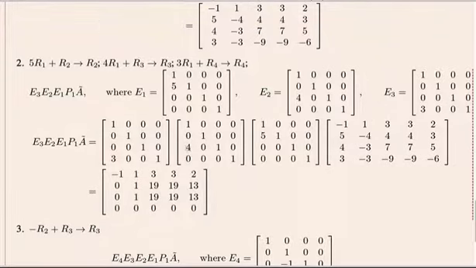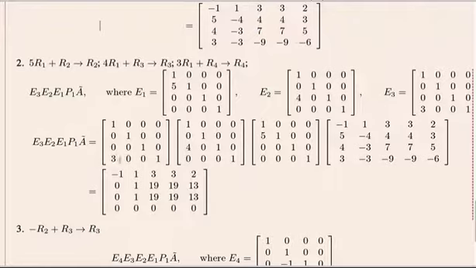Then 4 times row 1 added to row 3. That's -4 added to 4, 0. 4 added to -3, 1. 4 times 3, 12, added to 7, 19. Again, 4 times 3, 12, added to 7, 19. And 4 times 2, 8, added to 5, 13.